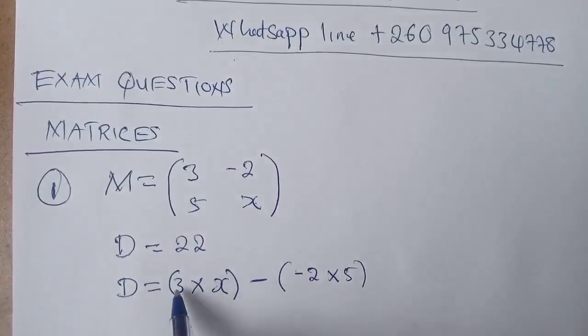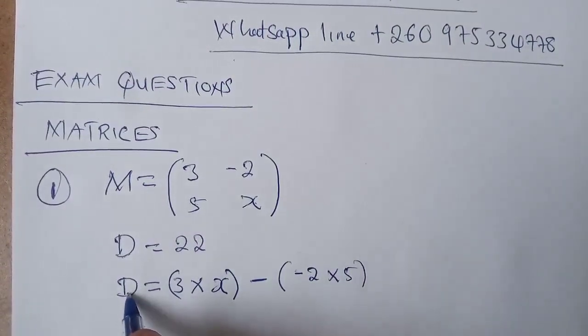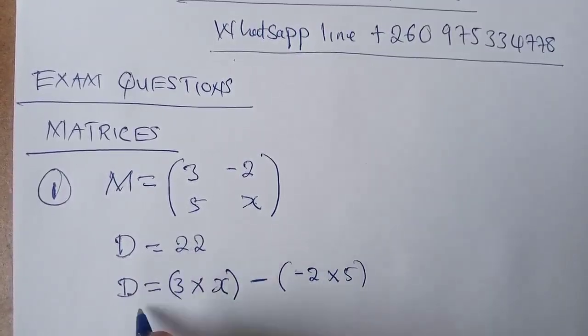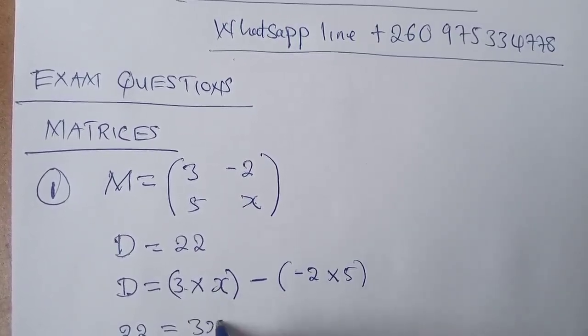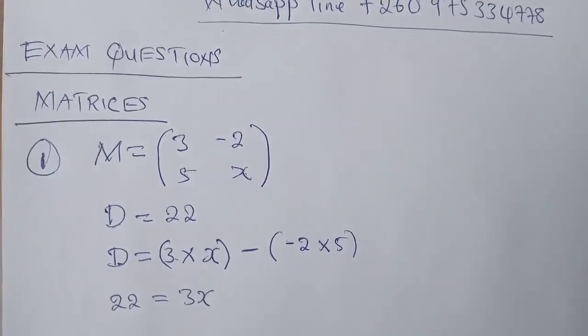Now they are saying that the determinant is 22, so we substitute the determinant with 22. So it will be 22 is equal to 3 times X, that is 3X.